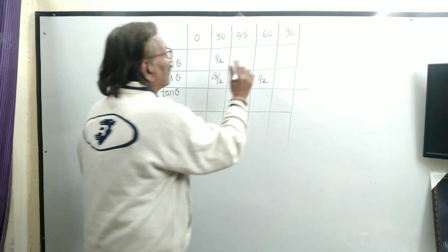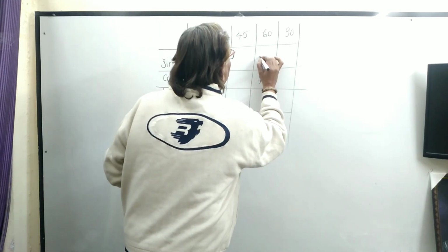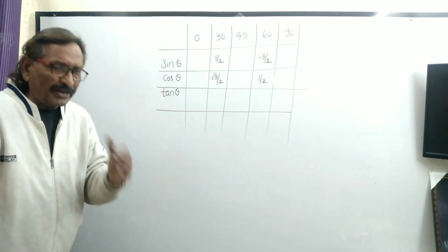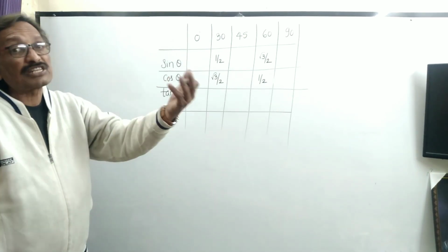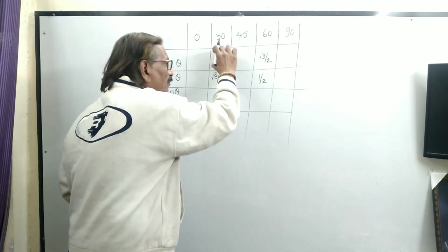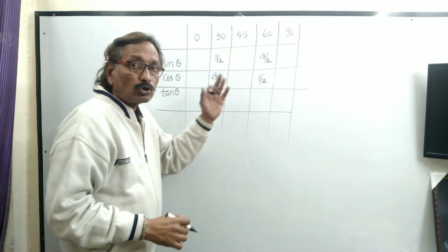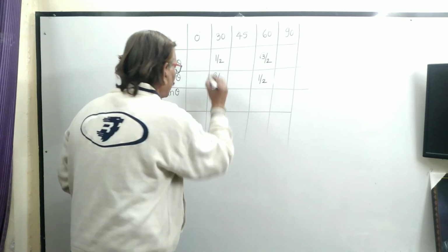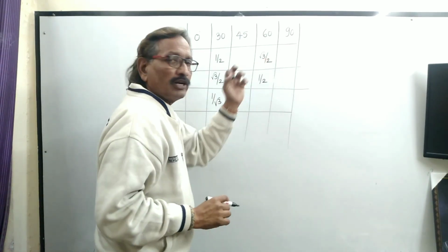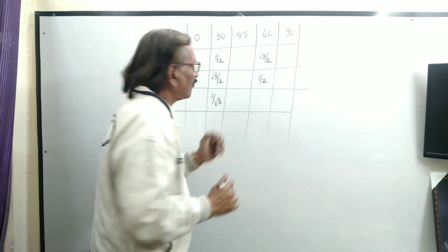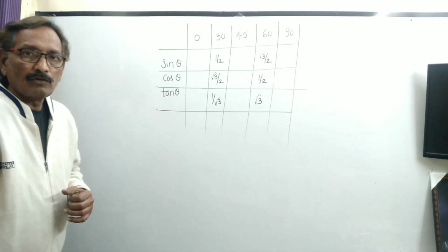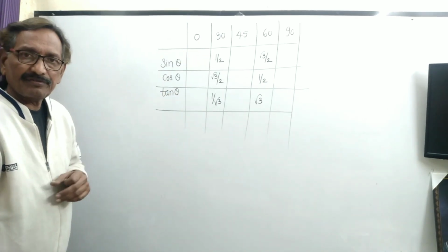The same value has to be sin 60, root 3 by 2. Now we know tan is equal to sine upon cos. So this value upon this value, 1 by 2 whole upon root 3 by 2. 2 denominator cancels, and what do you get? 1 upon root 3. Here 2 denominator cancels, you get root 3 upon 1, that is equal to root 3. So we made all three values.